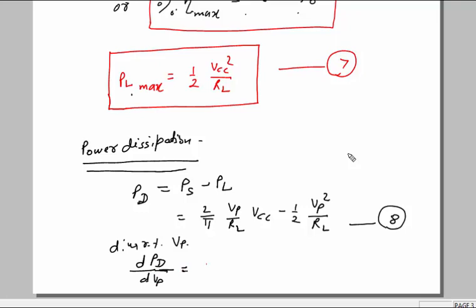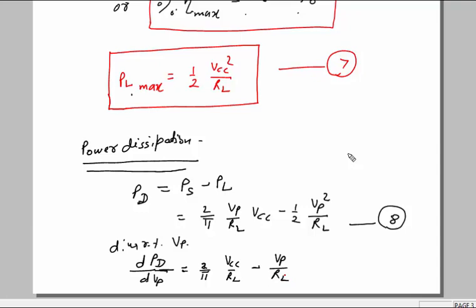After differentiating we get 2 by pi Vcc by RL minus half, then square will cancel, so it will become Vp by RL.